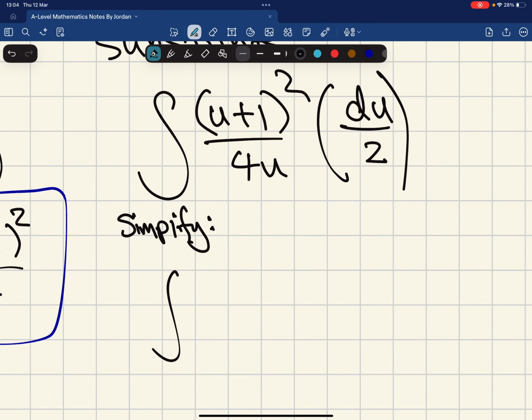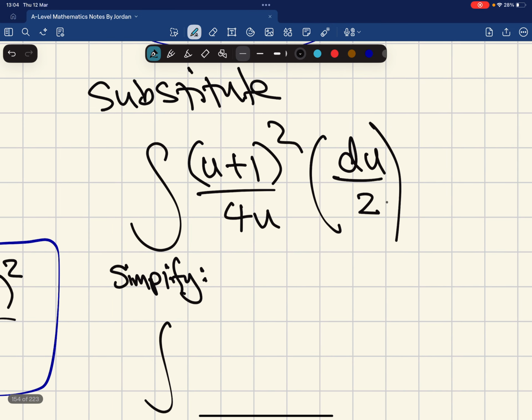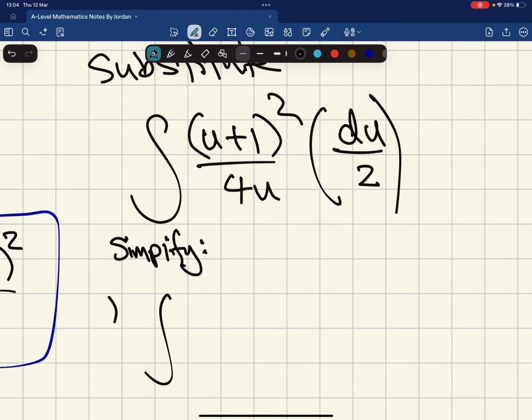So again, we've got 2 at the bottom, we've got 4 also at the bottom. 4 times 2 gives us 8, so I'm going to drag out 1/8. I would do that first because it makes it look a bit simpler. Next we have u plus 1 squared at the top still. The 4 and the 2 have now gone. There is a u at the bottom still, and a du at the end.